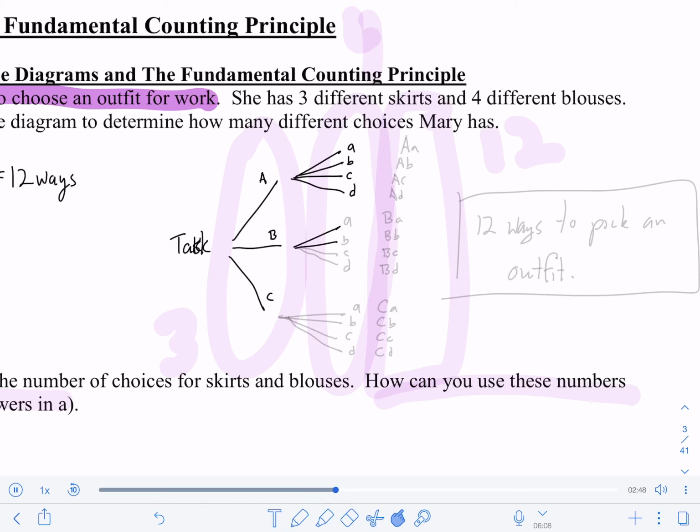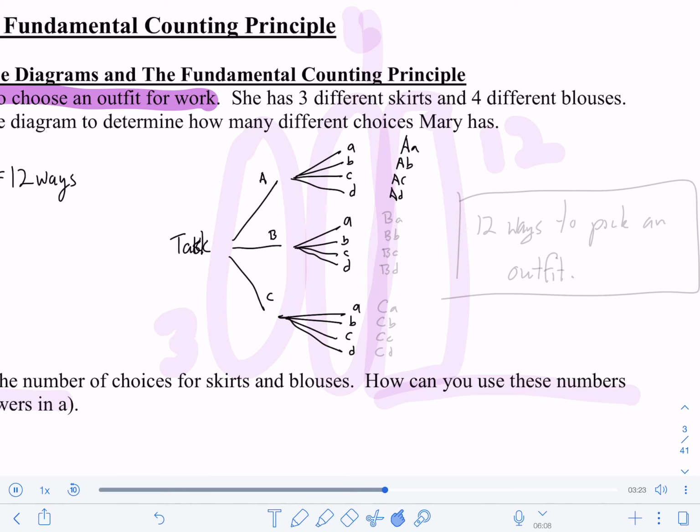And if I chose uppercase A skirt, then I can still have 4 choices after that, A, B, C, or D. And then if I chose uppercase C skirt, then I'm going to have 1, 2, 3, 4 different possible blouses. And so you can see that each one of these branches reminds me of how we did probability. Each one of these branches shows one of the combinations.